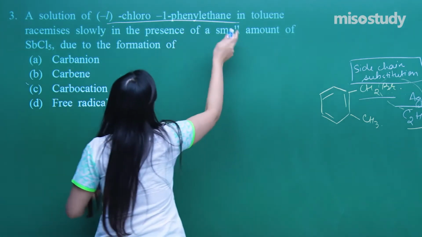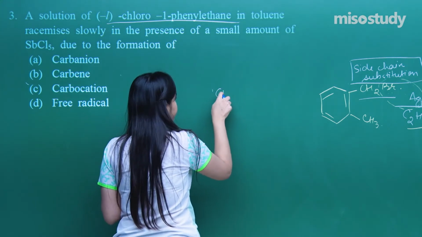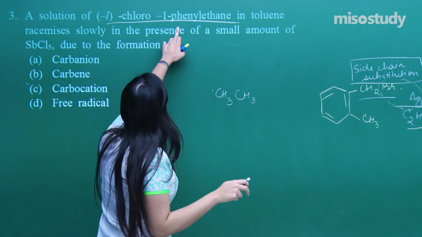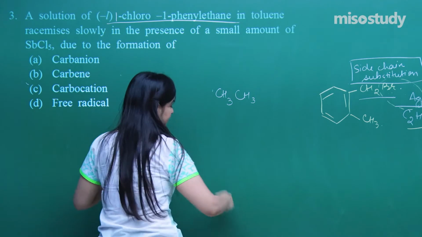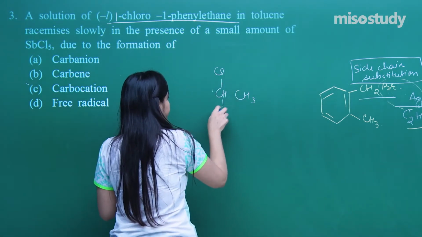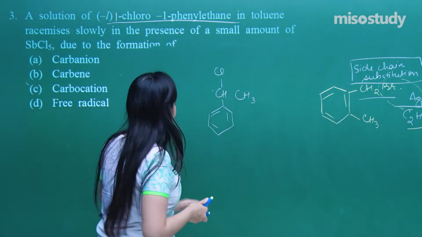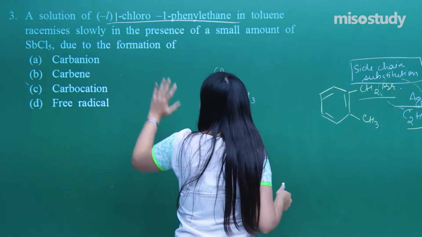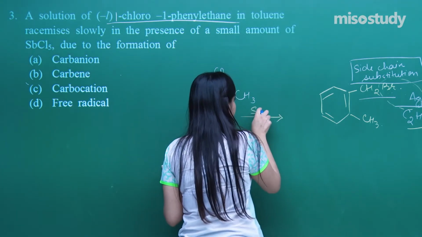It is 1-phenylethane, that means I need ethane, CH3, CH3. It is 1-phenyl and it would be 1-chloro. So it is something like this. So that is the compound that we have. It racemizes slowly in the presence of a small amount of SbCl5 due to the formation. So we want to react it with SbCl5.